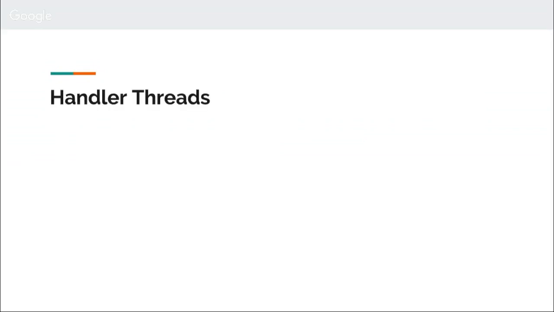Okay. The other thing was handler threads. They are a bit more robust, and they are designed for long-running operations. A handler thread is made up of three things, right? The looper, the handler, and the thread. First of all, the handler thread works on a queue of tasks.